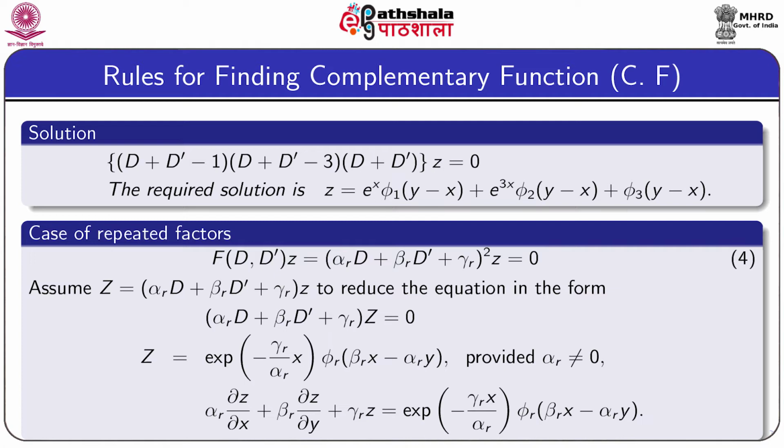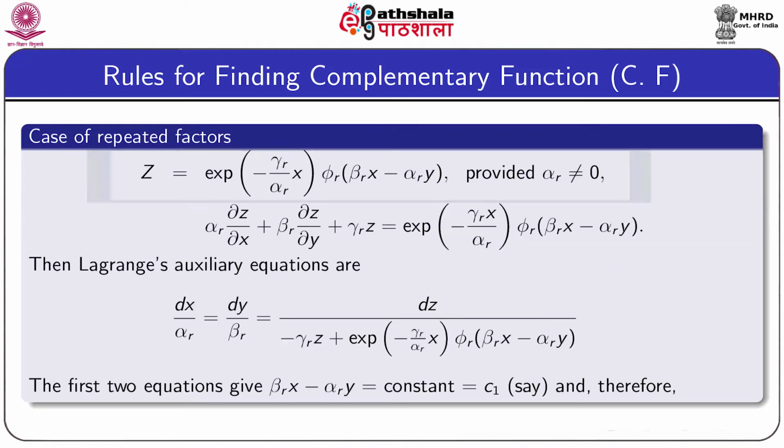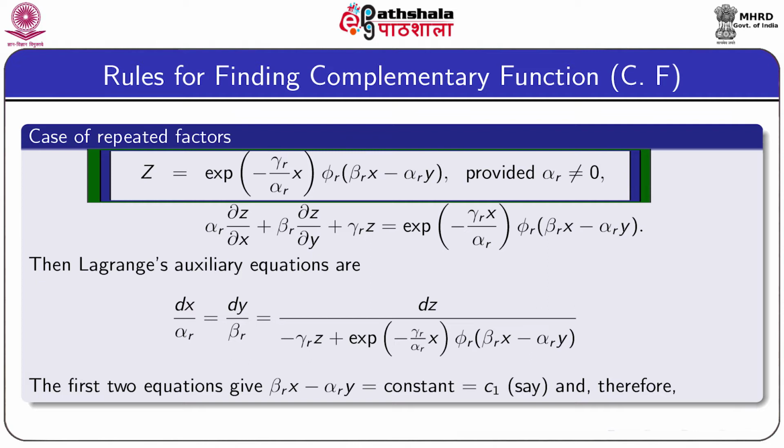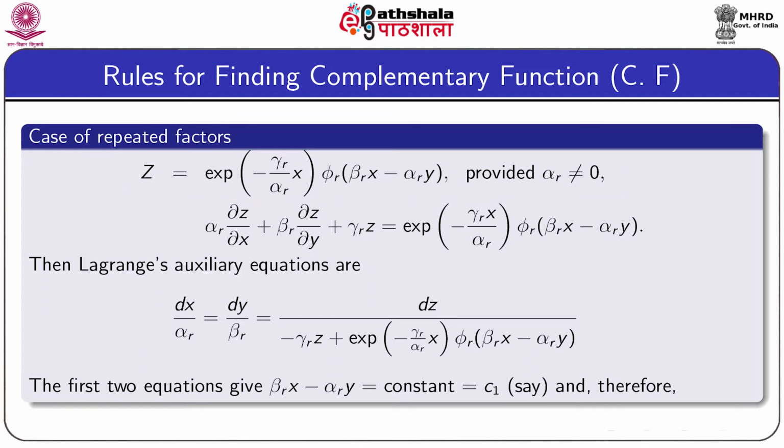If you assume capital Z like this, equation 4 reduces to the form (alpha r D plus beta r D dashed plus gamma r) operating on capital Z equals 0. Now, Z is our unknown function. So, using the previous theorem, we can find Z as Z equals exponential of minus gamma r by alpha r x into phi r of (beta r x minus alpha r y). We also assume that alpha r is not equal to 0.